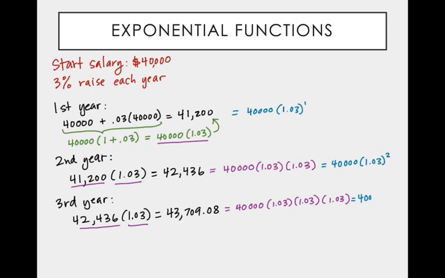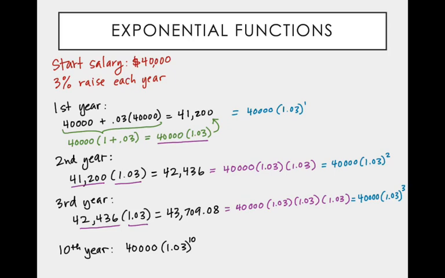And the third year, we had 3 of those. All right, and you can double check that these calculations in blue actually give us the same salaries as we got multiplying it step by step. And so we would guess that after our 10th year, we would take $40,000 and we would multiply it by a 3% increase 10 times.